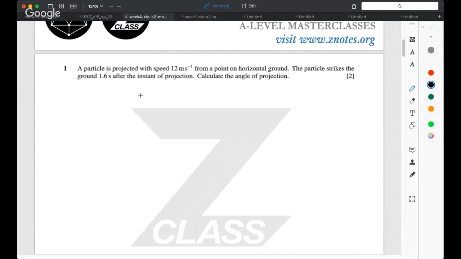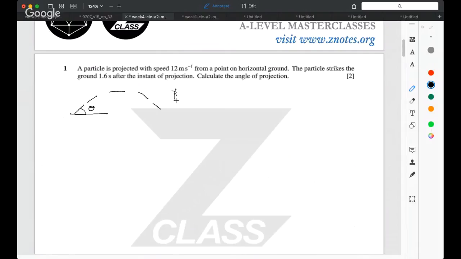For the mechanics questions, it's always best to start by drawing the diagram. So this is our background. Particles. This is being projected at an angle, let's say theta.